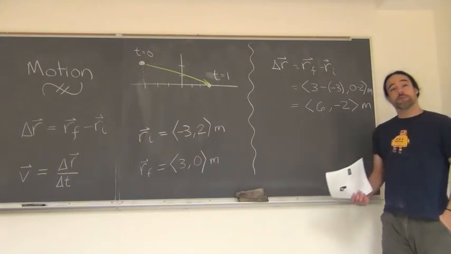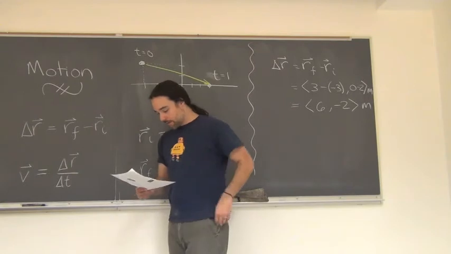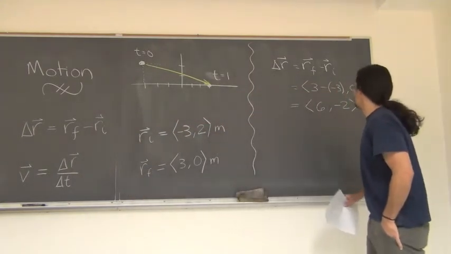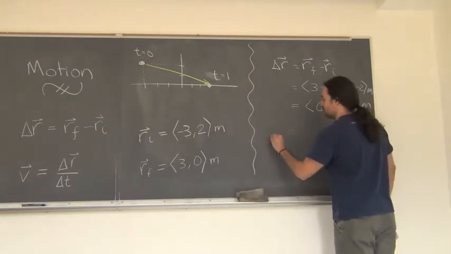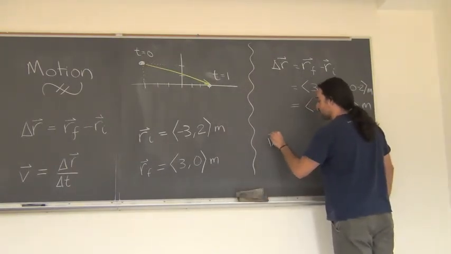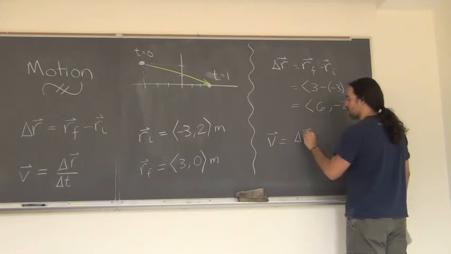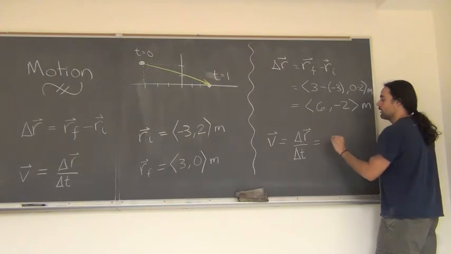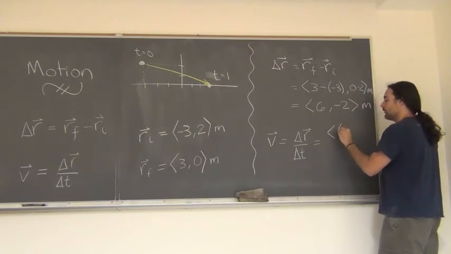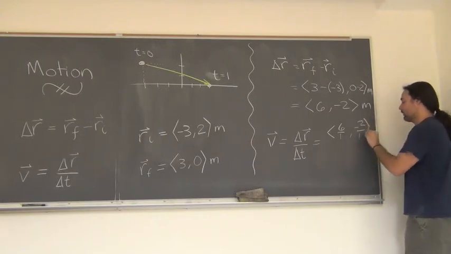The next thing we want to do is compute the velocity, which to get the velocity, all we have to do is take delta r over delta t. So to do that, I'm going to say that my velocity equals delta r vector over delta t, which will be 6 divided by 1, and then -2 divided by 1 meters.